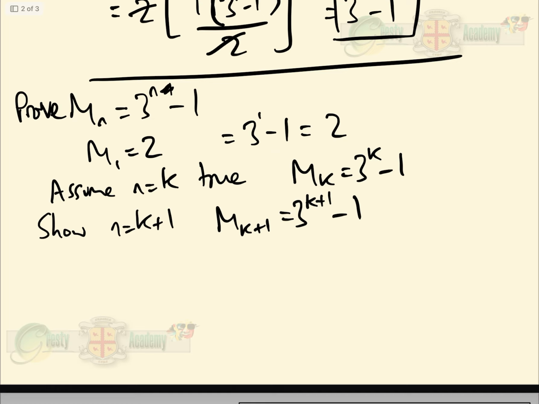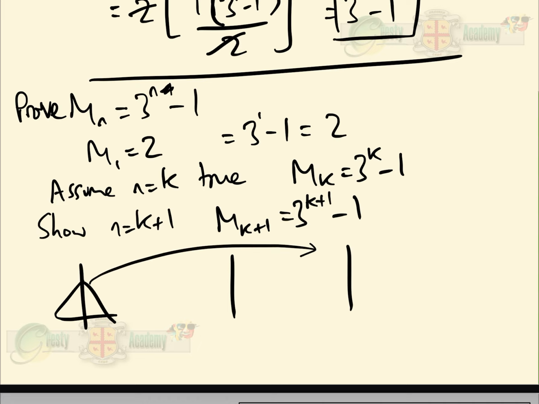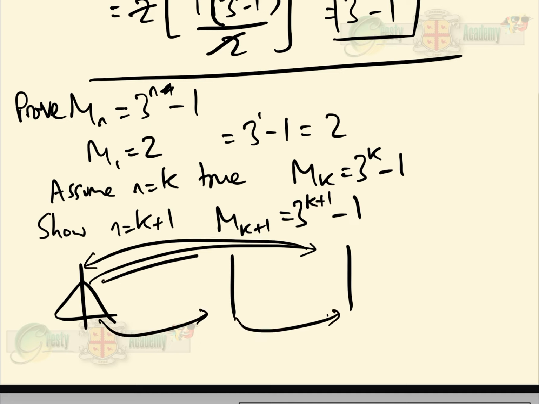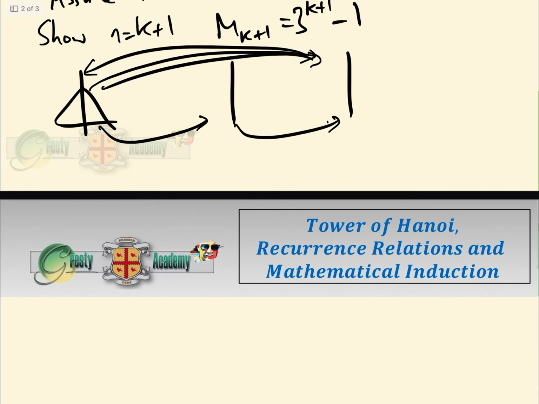So let's just have a quick look at our 3 pegs here. So we've got the n plus 1 here. Basically what we need is Mk, which is moving them across there, add 1, add Mk, add 1, which is the base one, add Mk again. Sorry, just running out of space here.